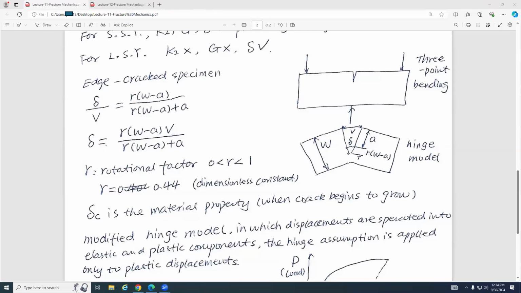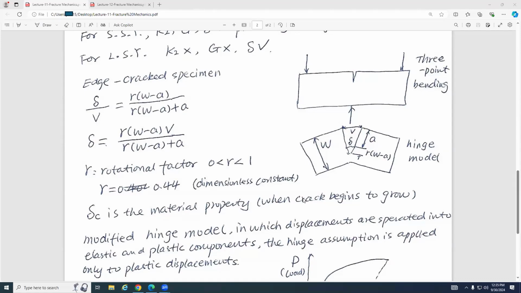But alternatively, we can measure the mouth, how big the mouth is opening. You guys agree? That's the reason we use V. V is measurable by experiments, and once we have V we know how to calculate the delta, as long as we have this A and this R value. So how to calculate this delta?